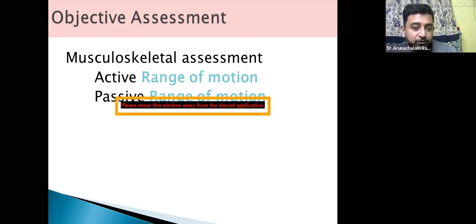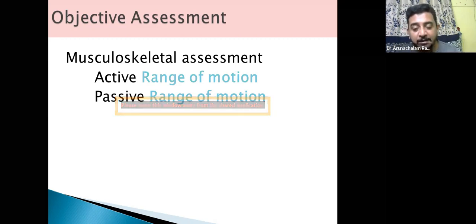Even in shoulder elevation, if the patient has severe shoulder impingement syndrome, the patient will be reluctant when somebody is moving the upper limb. They will have a lot of apprehension. But when the patient is performing it, he knows until when he can lift and where he will get pain. So he will be doing it. This is a very rare scenario, when there is pain or apprehension. So active range of motion and passive range of motion are very important.